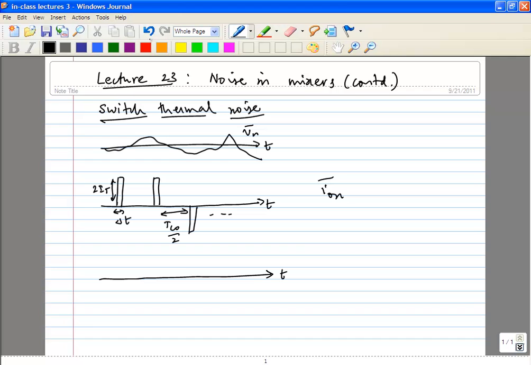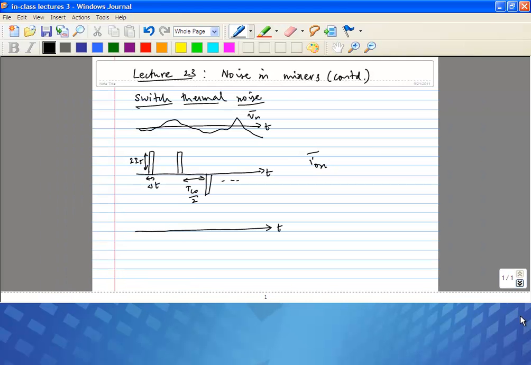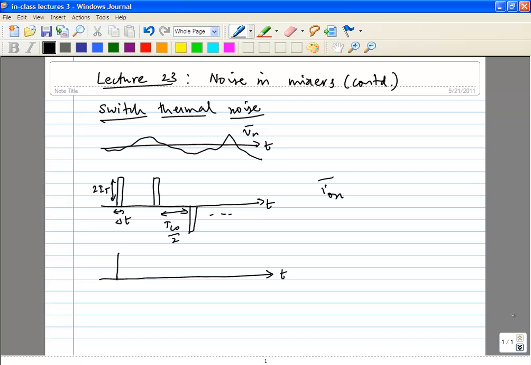So the pulse width is a constant Ts, and the height is 2It over S times Ts.